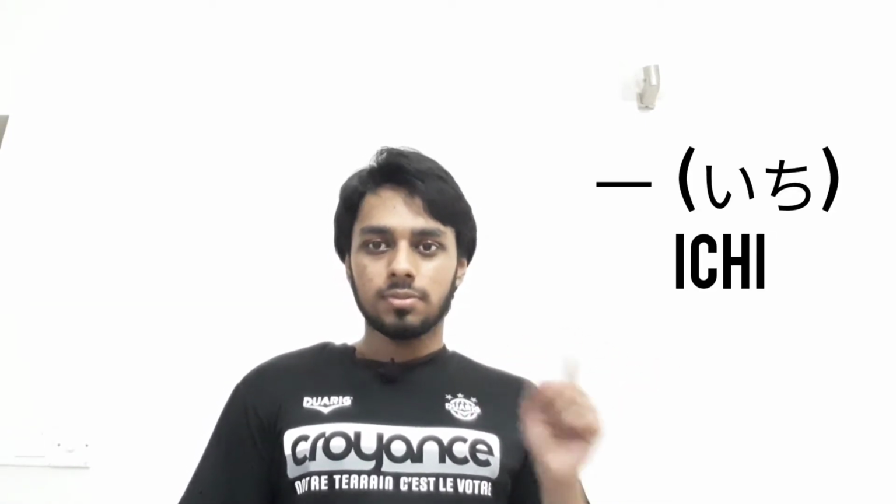Now, 10 in Japanese is ju from the last lecture, and 1 in Japanese is ichi.